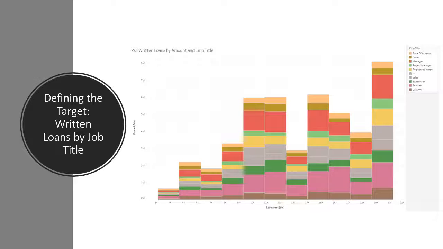There were so many different job titles, in fact, that we had to address it by only showing the top 10 repeated amounts. So as you can see, we see sales, RN, supervisor, US Army, etc. The point being that this factor does not really give us any information that we can use to create a good, solid, defined target. In effect, we assess therefore that this should be ignored.